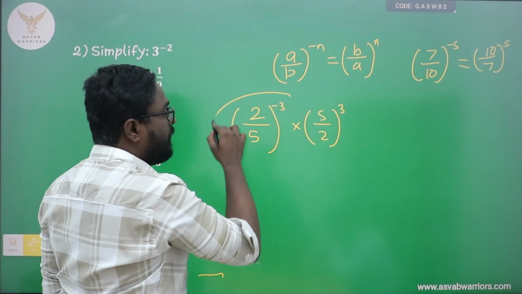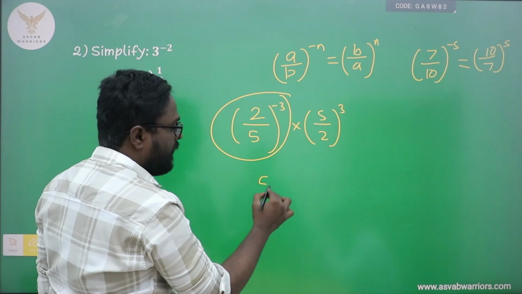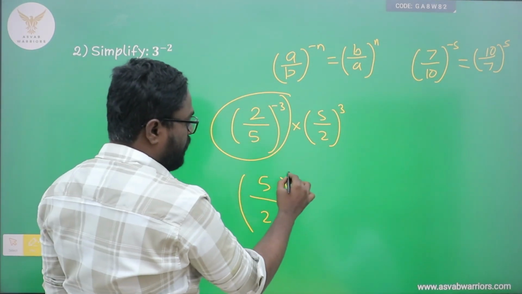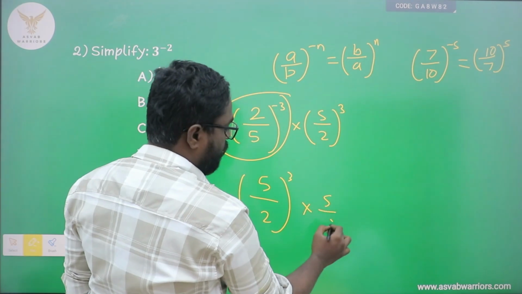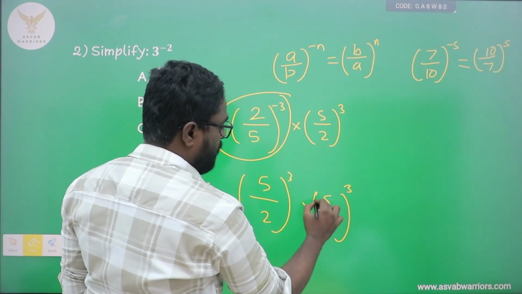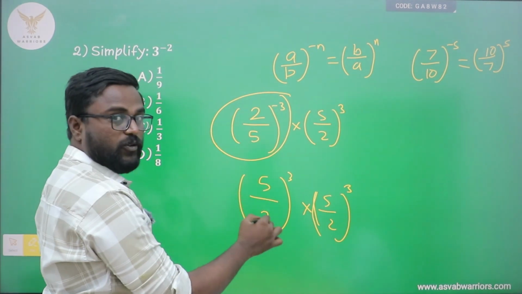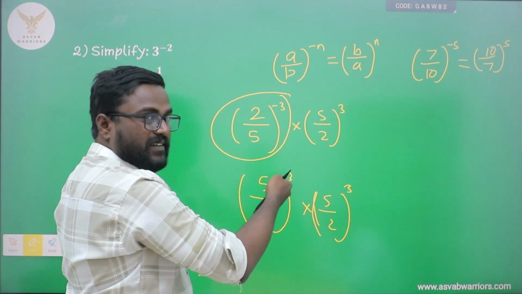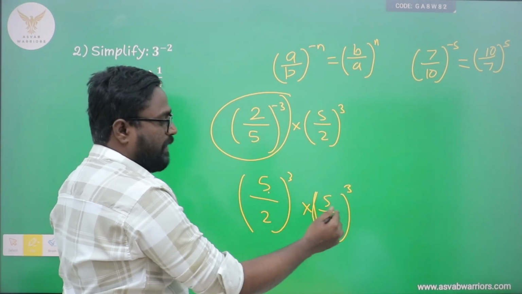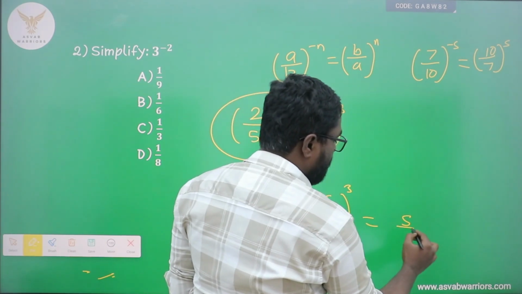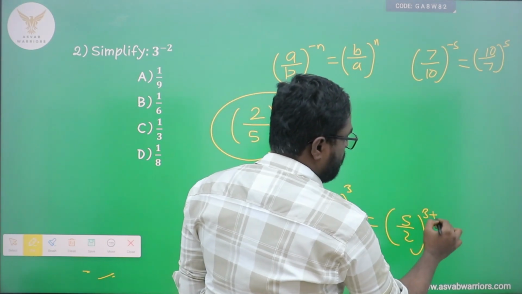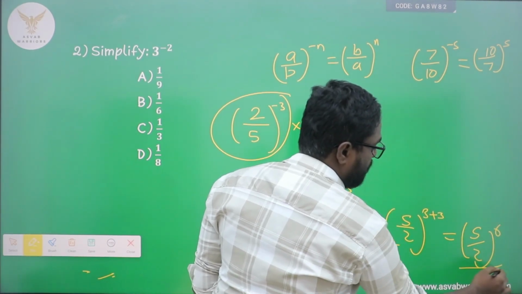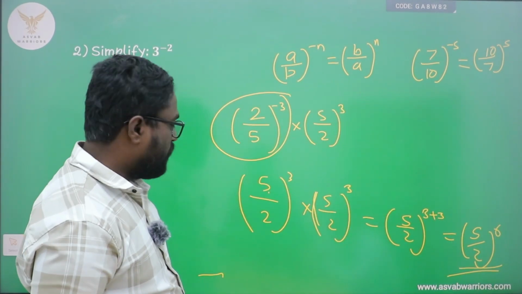I'll convert this into a positive exponent by taking the reciprocal of it: 5 over 2 to the power 3 times 5 over 2 to the power 3. Now I can see this 5 over 2 and this 5 over 2 have the same base. So I'll just add these powers up, 3 plus 3, which is 5 over 2 to the power 6. I hope you understood this.